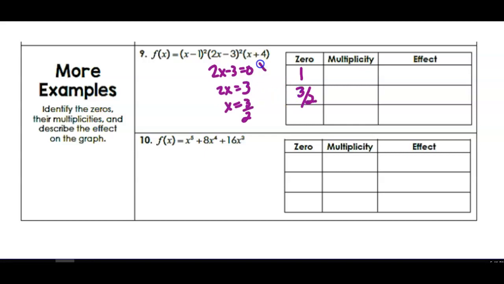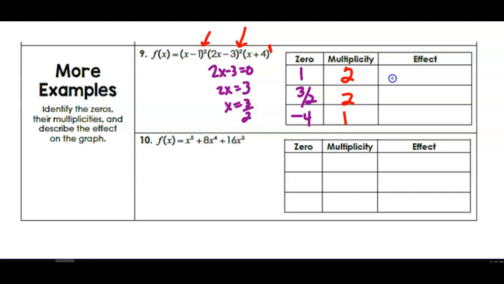And this would be a 0 at -4. All right. The multiplicity of this one was 2. This one had a power of 2. And this one had nothing, so it's a power of 1. Okay?